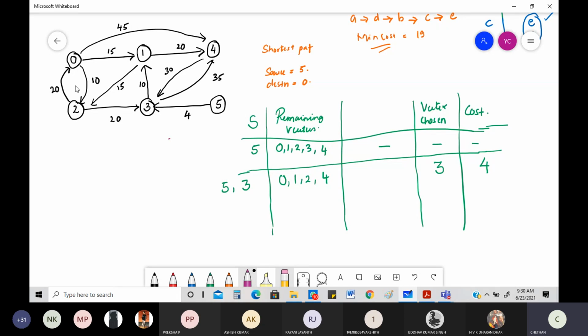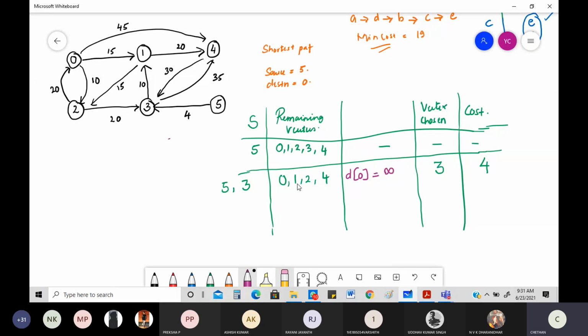I don't know what the cost is, so I'm going to write it as infinity. So from 5 to 0, the distance to 0 is infinity.